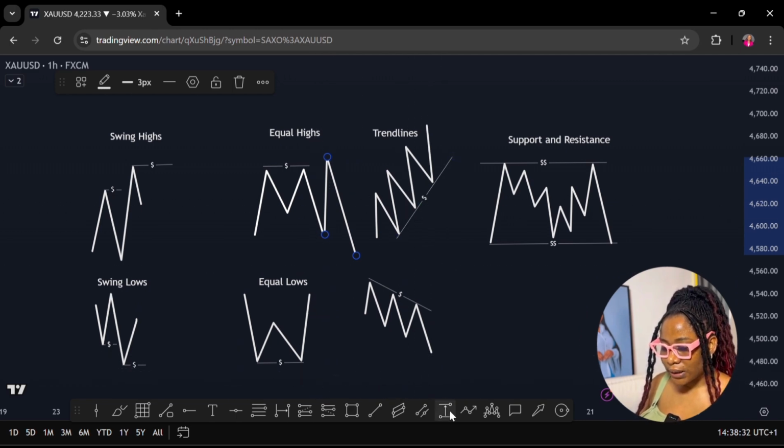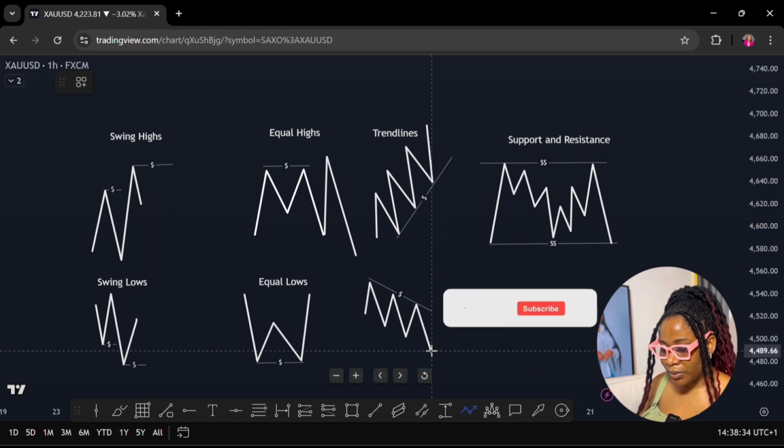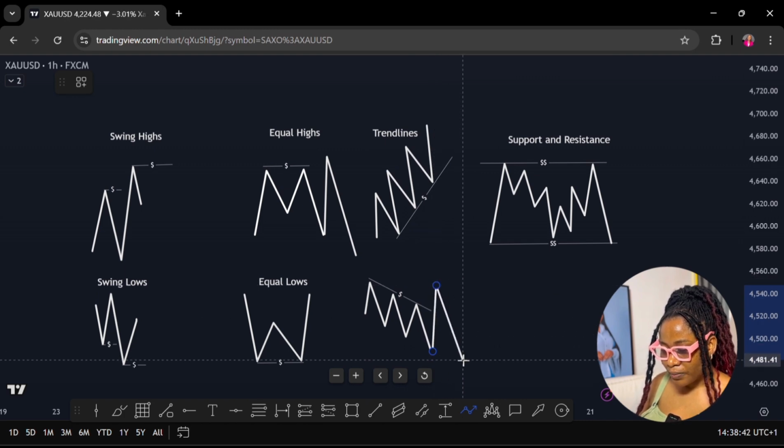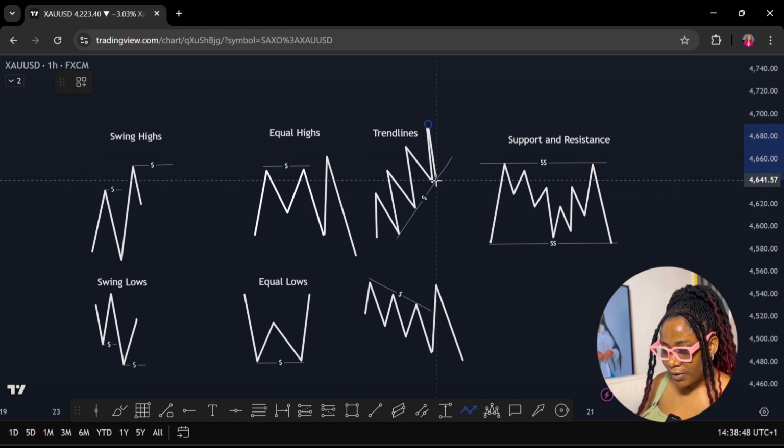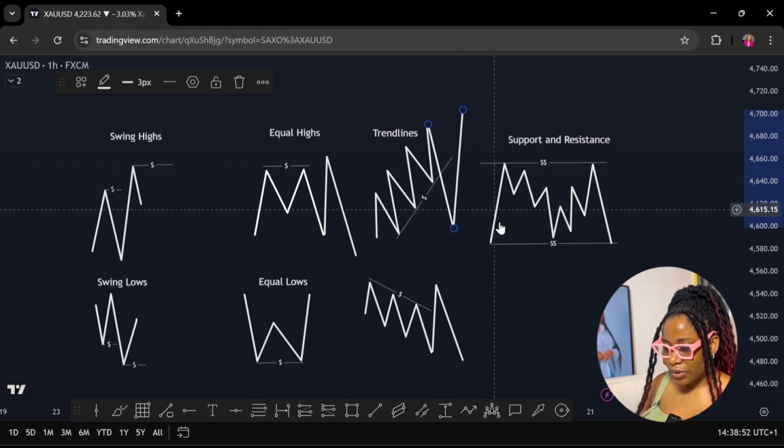Our trend line liquidity, same thing happens. Price comes, uses this as liquidity, uses this as liquidity, and then probably buys at this extreme, and then we'll continue with the sell. Same here with the buy: take this out, use this, and then we'll continue with the buy.